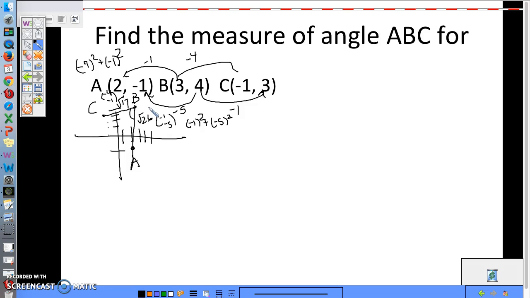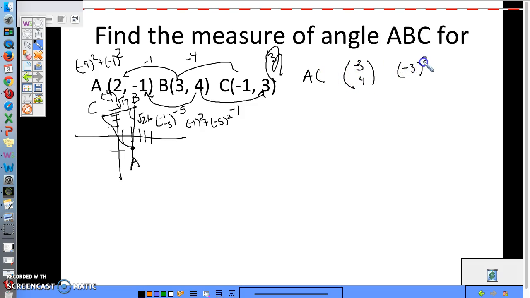And then the last one, what is A to C? All right, 2 to negative 1. So that's 3. Maybe I'll actually write this out. 3, and that's down 3. And then negative 1 to 3 is up 4.